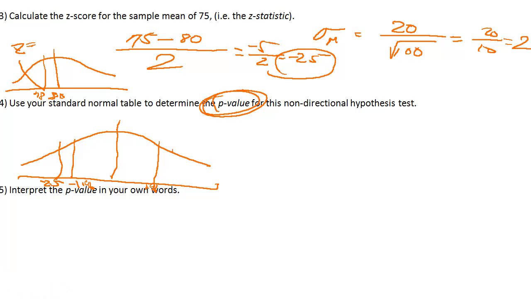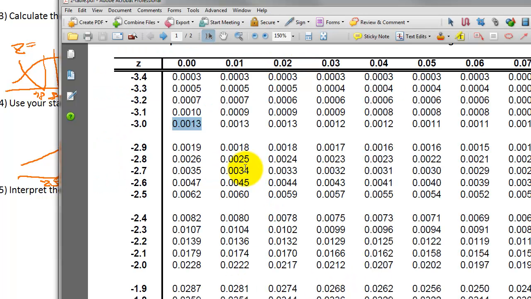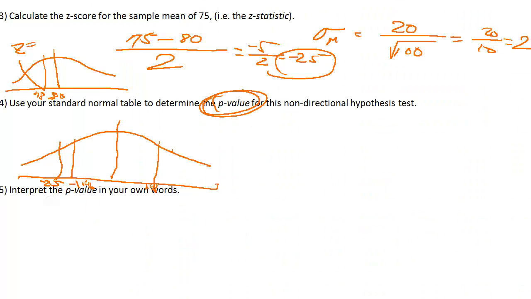Actually, I don't really need the p-value to finish this problem, but since it asks, let's look at it. For 2.5, the probability is 0.0062.